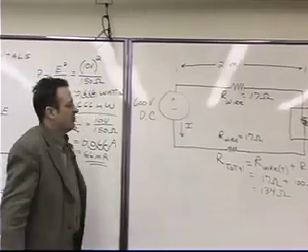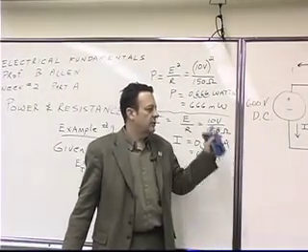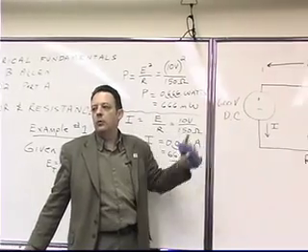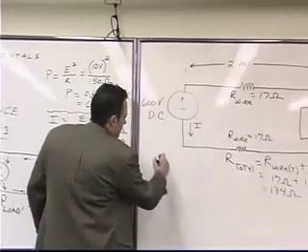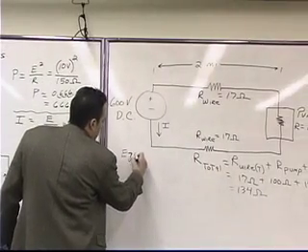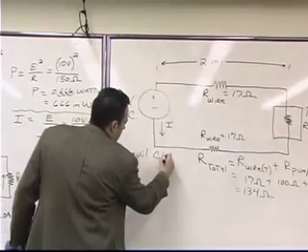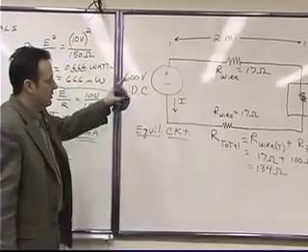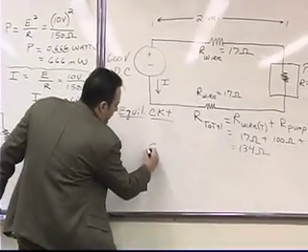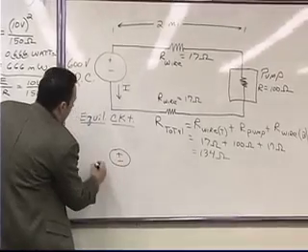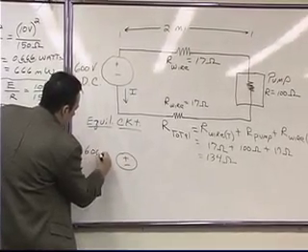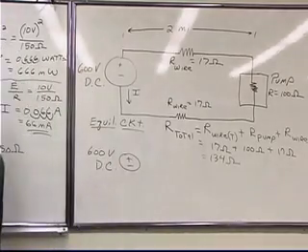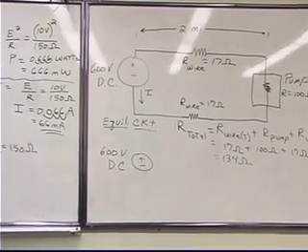Now, what we're going to do is draw this circuit in a reduced form. We call it an equivalent circuit. The equivalent circuit is going to have one source of energy, which is our battery, that's our 600 volt photovoltaic array that generates DC current and DC voltage.